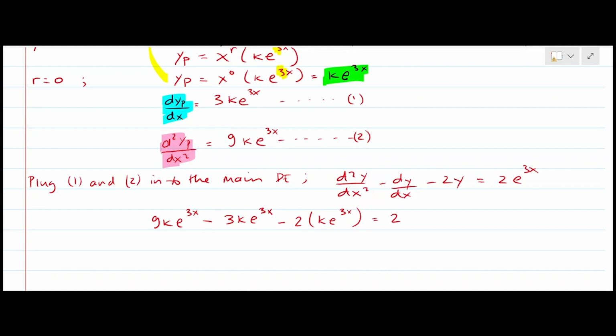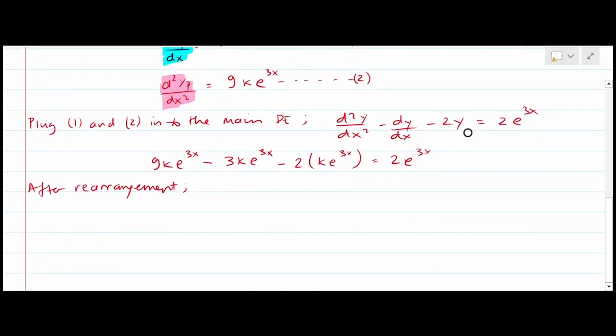Overall everything becomes 2e to the power of 3x. After rearranging, we will get 4k e to the power of 3x equals 2e to the power of 3x.